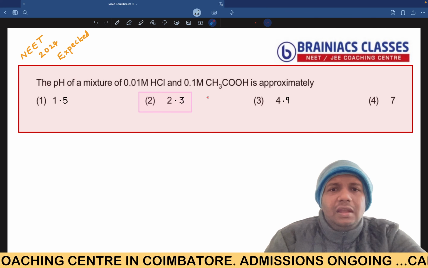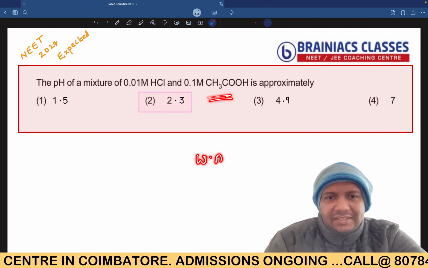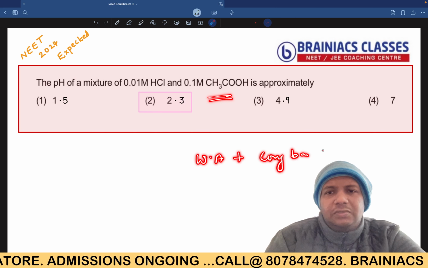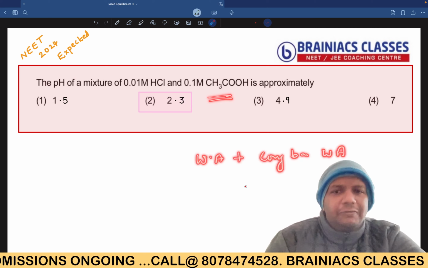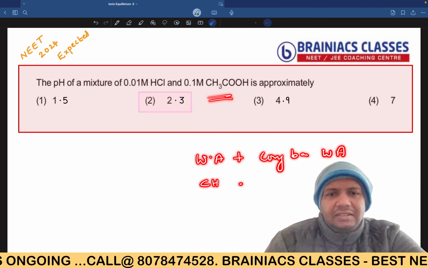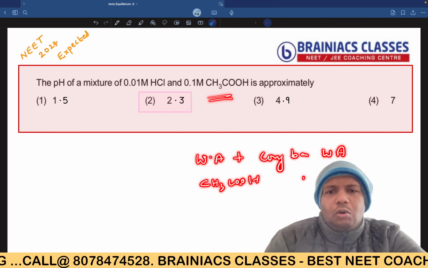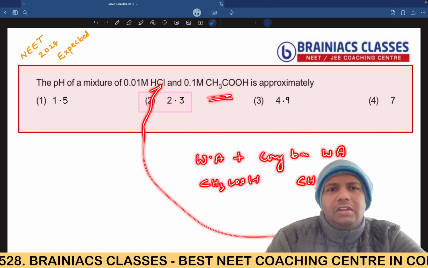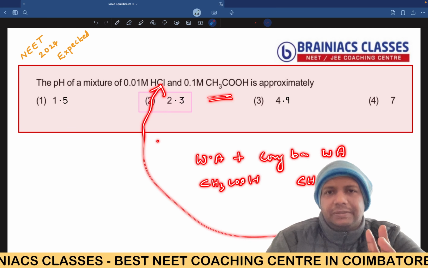Here we know that a weak acid with the conjugate base of the same weak acid can constitute a buffer. Here the weak acid is CH3COOH, its conjugate base is CH3COO minus. But what is added is HCl, that is something different.